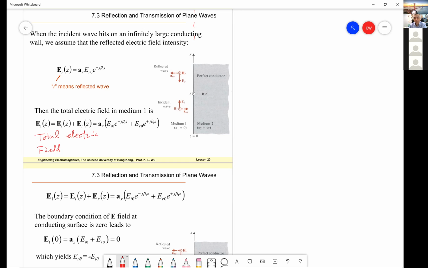The total electrical field in medium 1 will be a linear superposition of the incident wave and the reflected wave, right?